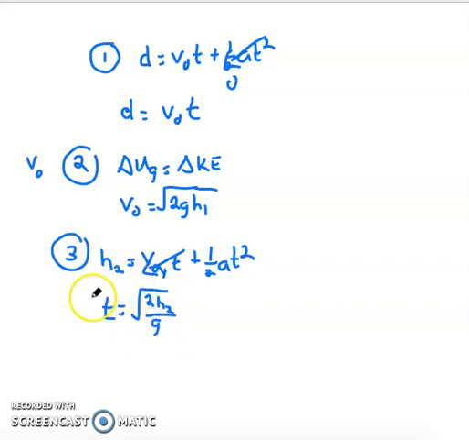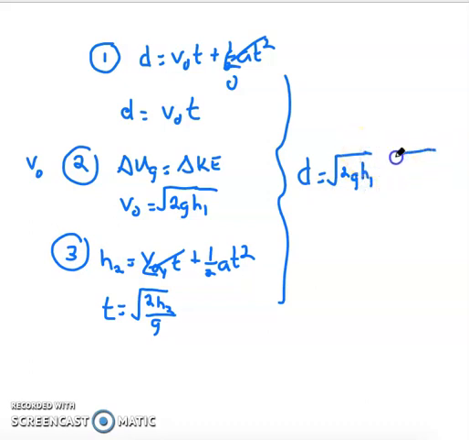And again, it's important not just to write this, you've got to at least show this step here. So now we combine it, and we've got D equals v naught, radical 2 g h1, times radical 2 h2 all over g. I believe you can leave it like that, but let's put everything under the radical, because when we do that, we see the g's cancel out, and we're left with radical 2 h1 times h2.